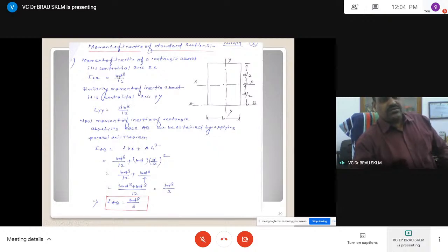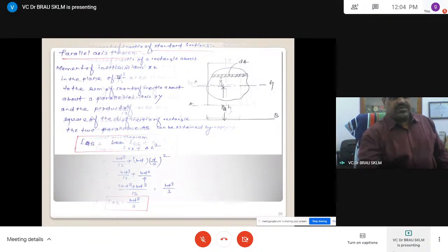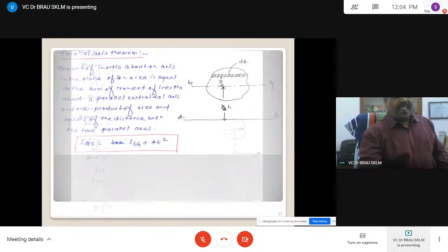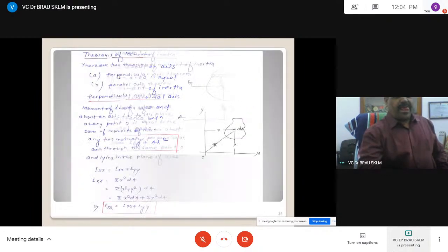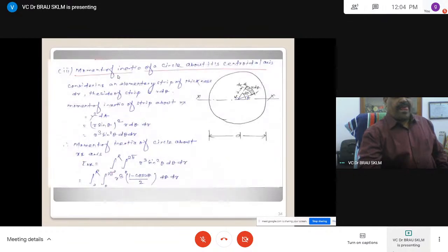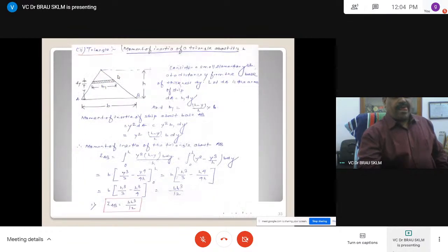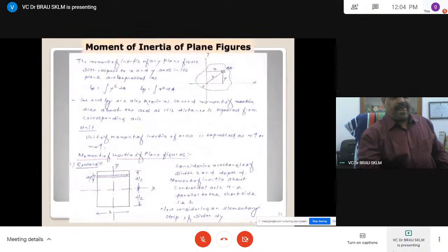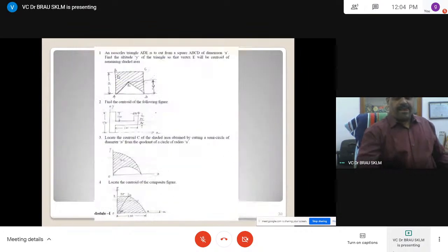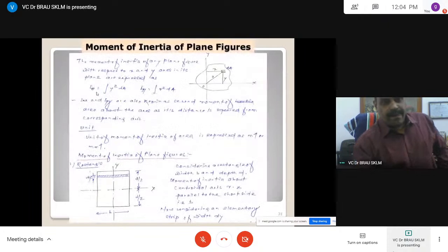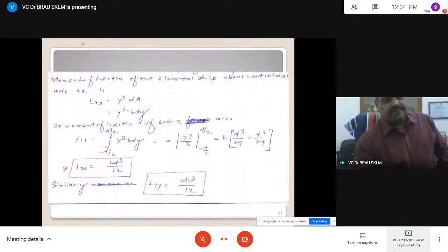These two are known quantities, which we already showed previously. For a rectangle, it is BD cube by 12 about XX and DB cube by 12 about YY.